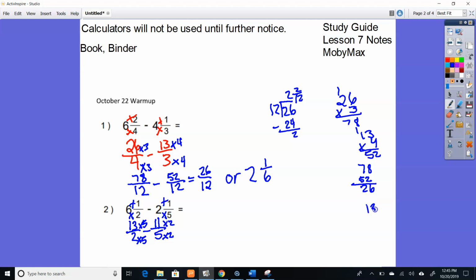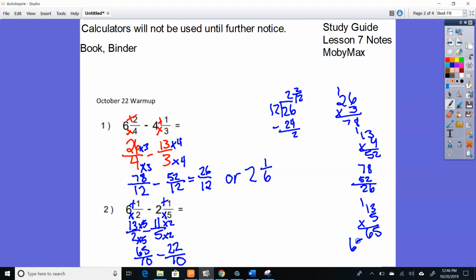So then we have 13 times 5, which is 65. So we have 65 over 10 minus 22 over 10.